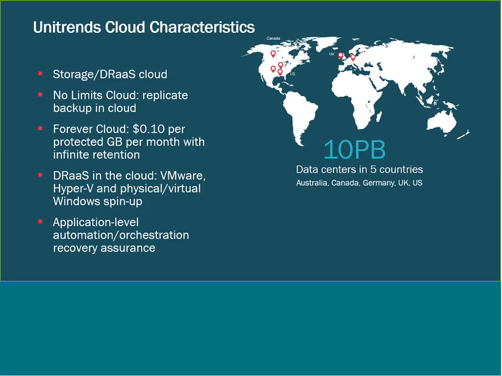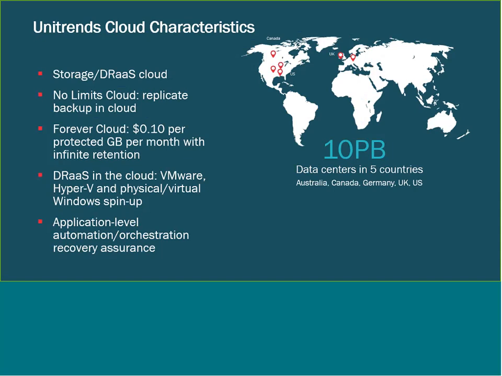Our cloud architecture is a storage disaster recovery solution cloud that provides either a replicated backup copy or an infinite data retention solution based on the grandfather, father, son architecture that I've mentioned. We support VMware, Hyper-V, as well as physical and virtual Windows spin up in the cloud itself.